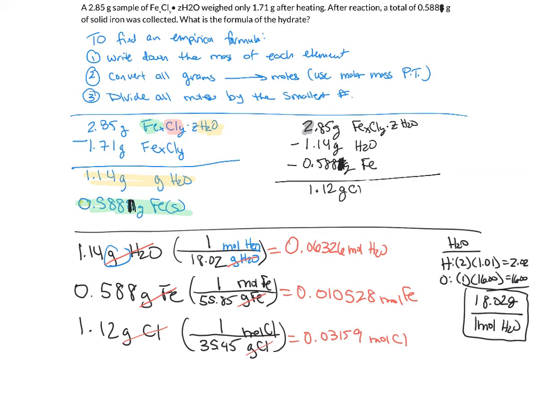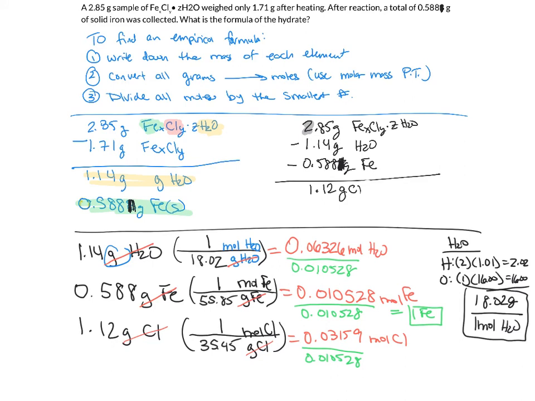So I divide all moles by the smallest number of moles to figure out what is that whole number mole ratio. And I can see my smallest number is the moles of iron, and I divide everything by 0.010528. For iron, that's going to be 1 Fe.